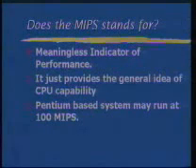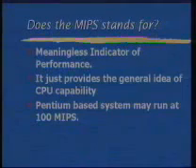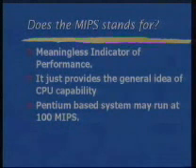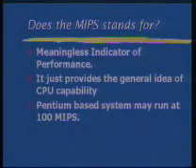In the next slide, I am trying to define what MIPS stands for. One of the things which I have mentioned there is that it is a meaningless indicator of performance. The second point is that it just provides a general idea of CPU capability. And the third point is that a Pentium based system may run at 100 MIPS, which is just a rough measure.